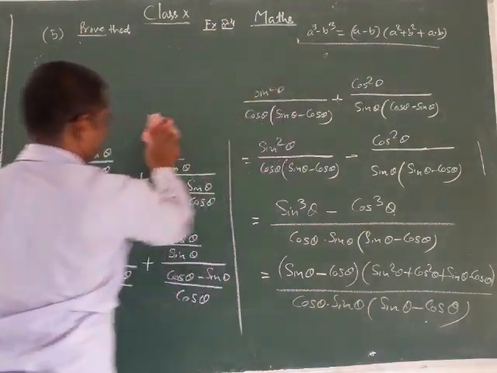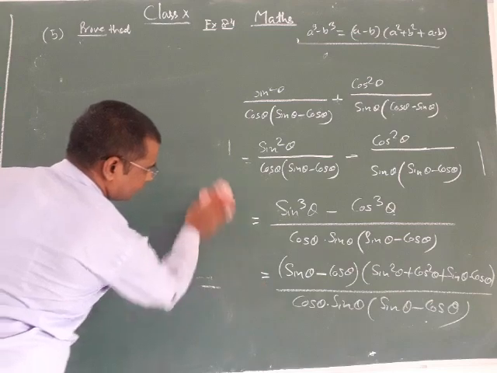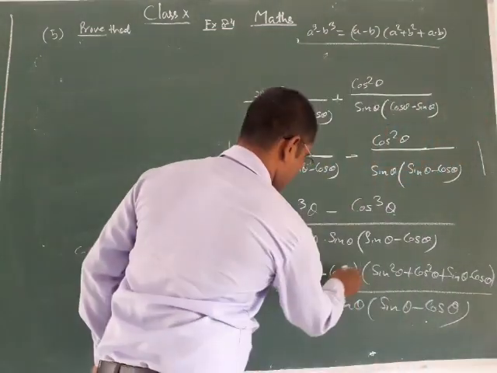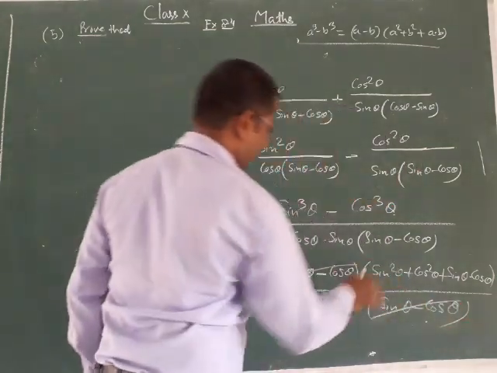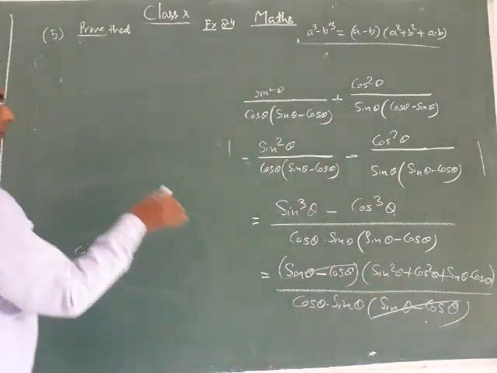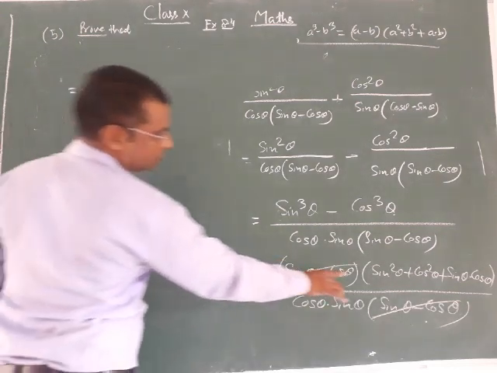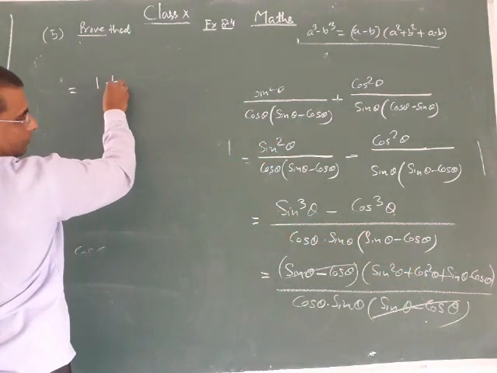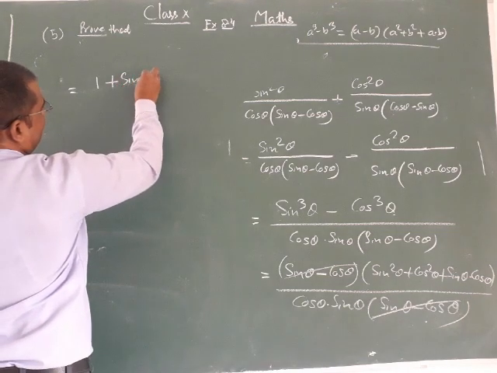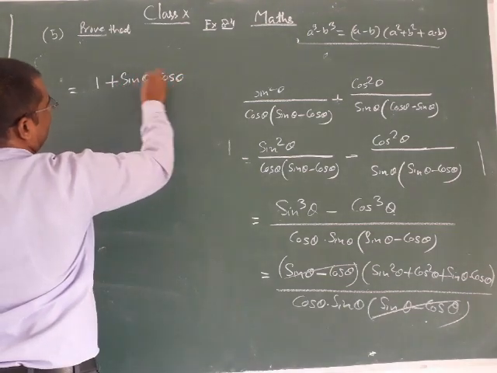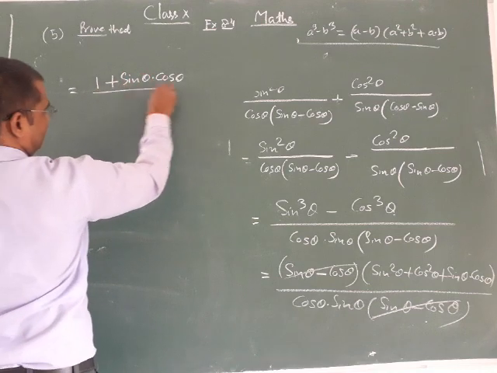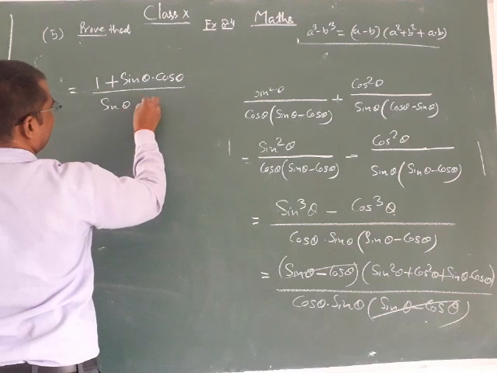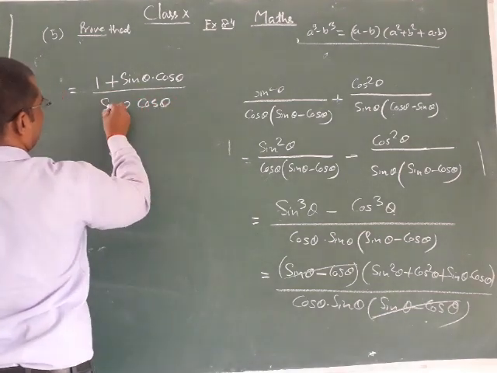Also you can solve. So sin theta minus cos theta cancels out. So by the identity sin square plus cos square theta is equal to 1, plus sin theta into cos theta, upon sin theta into cos theta.